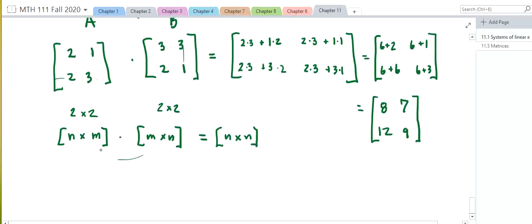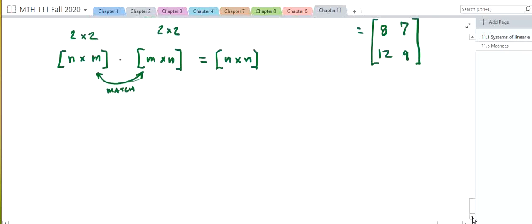So you have to make sure that the inside match, and then your final matrix is what the outside is. That's the size of your final matrix.